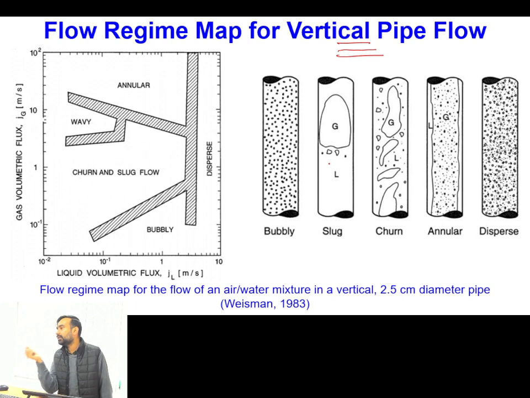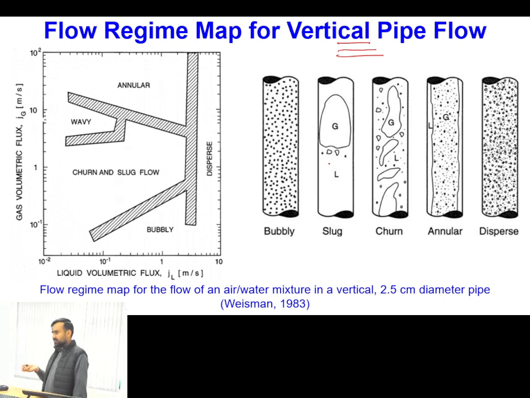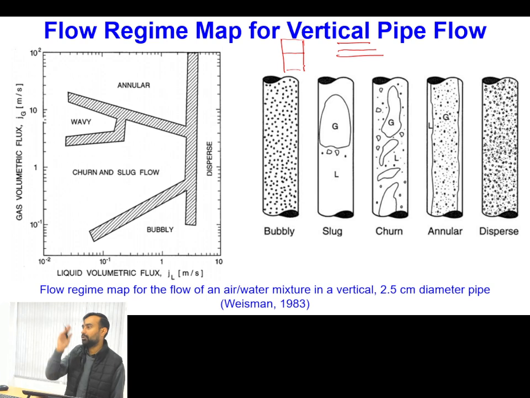On the contrary, if you decrease the velocities so that their inertia becomes very small in comparison to the gravitational forces, then you will have stratification, but ultimately in that scenario flow will not be possible. The heavier fluid will settle at the bottom and the lighter will be at the top, but ultimately flow will not happen.